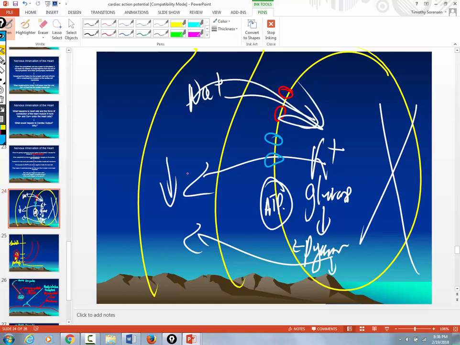Sodium will leak in, potassium will leak out. Since the pump doesn't work, water will follow the sodium, and the cell becomes hypertonic to the blood, and the cell blows up. That's why it stays red permanently, because potassium is a massive arterial vasodilator. When the cells die, all the potassium from the cell goes into the blood. That's why it stays dilated permanently.